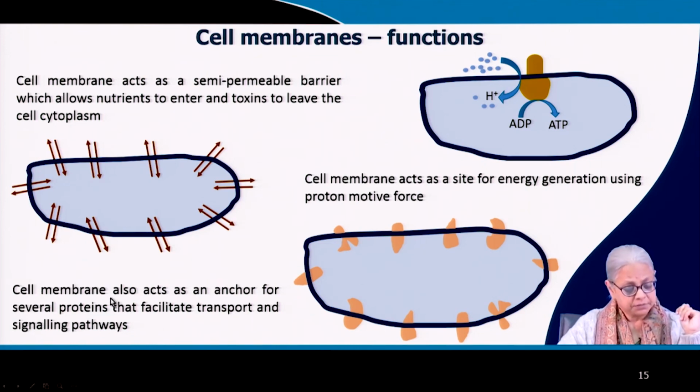And finally, the cell membrane is an anchor for several proteins that facilitate transport and signaling pathways. You have already seen that this is ATP synthase, which is another transmembrane protein, and you have several other proteins which will determine whether water goes in and out, whether glucose goes in and out, and what is the form in which glucose will go in and out.